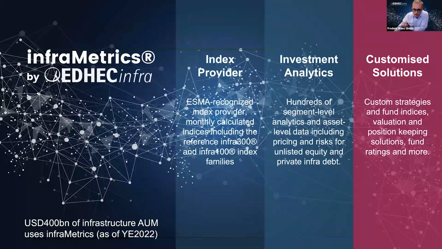And as of the next couple of days, literally, we also provide asset level data, so line by line data, which is also a way to build analytics and research. And of course, we also produce all this information on a customized basis: customized indices for funds, for various portfolios, position keeping solutions, etc. So I won't spend too much more time on this. I think this is something that our colleagues discuss at length.